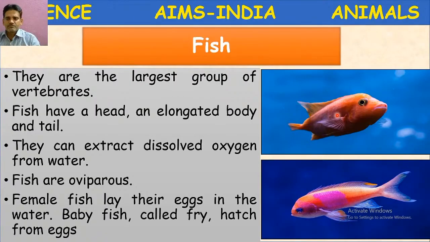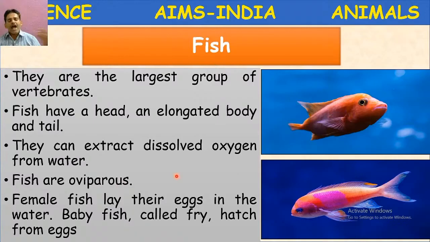Next slide, we are going to discuss the groups of fishes. Fishes are grouped into two main types: cartilaginous fishes and bony fishes, depending on the skeleton by which the body is framed. Next, they are also oviparous. They lay the eggs.